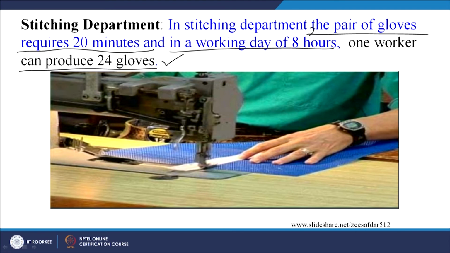So, if we have a standard time required for doing a particular task, very easily we can assign the work to the worker. Here it is a direct mathematical division, but when we learn the work measurement techniques in detail, we will see that we have to give certain allowances to the worker.